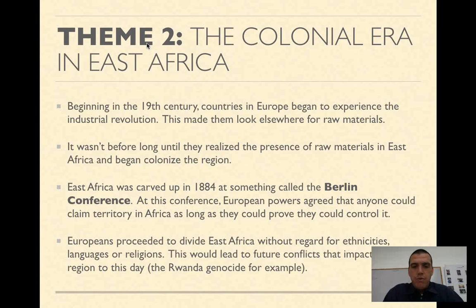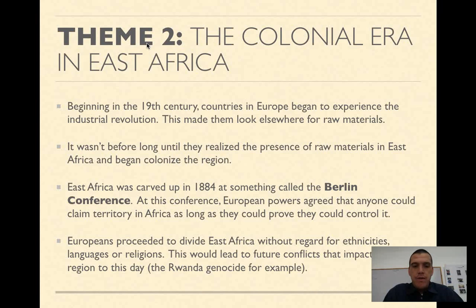And I have here the Rwanda genocide for an example. The Rwanda genocide took place in 1994, and you could trace its origins and its causes back to Belgian colonial control and how they pitted the Hutu and the Tutsi against each other.